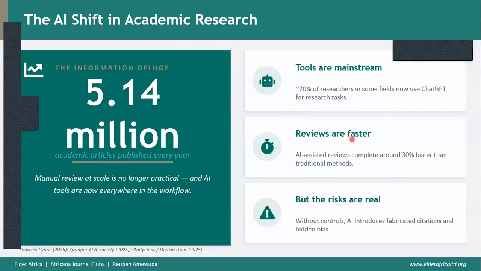Even reviews are faster. AI-assisted reviews are completed about 30% faster than the traditional method. I, per se, have reviewed for quite a number of journals. Gone are the days when AI was not in the system. We read the article every page, word for word, and gave our honest review.